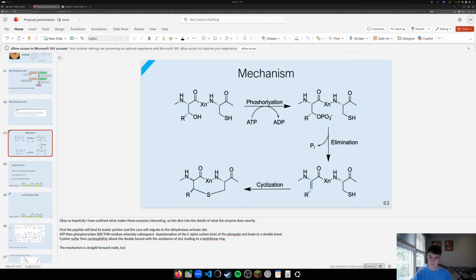But much is still unknown regarding what residues are involved, the order in which dehydrations and cyclizations occur, as well as the specific residues responsible for this.